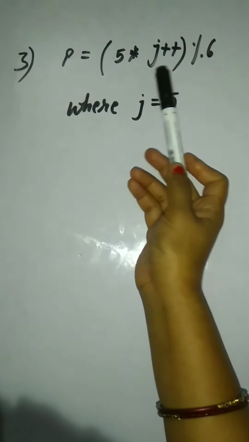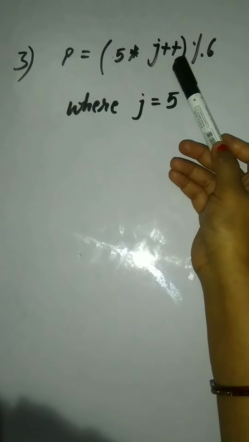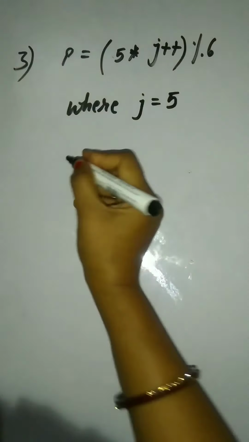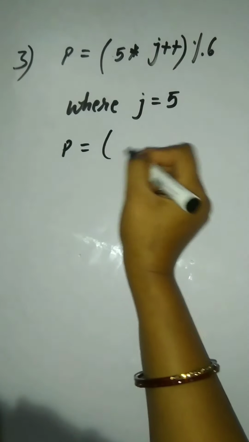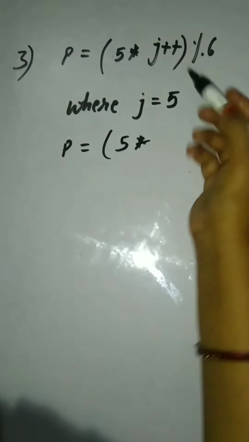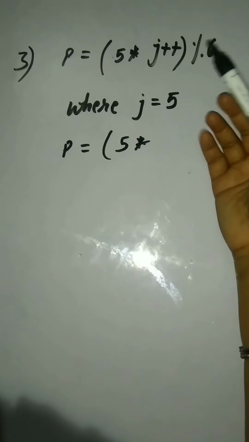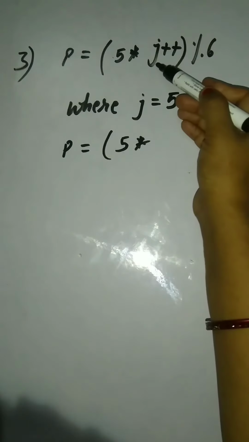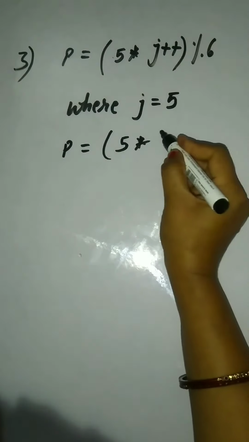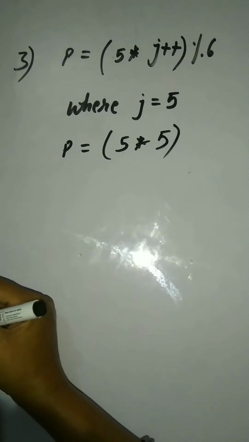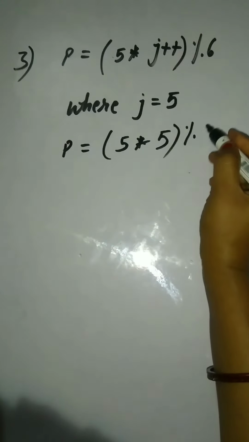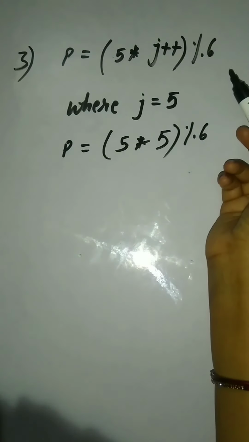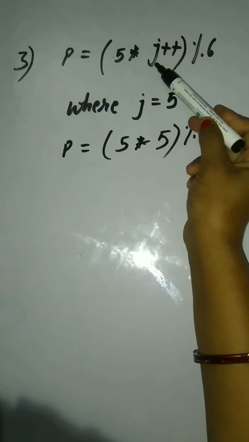See one more example. P is equal to 5 into j post-increment mod 6, where j is equal to 5. So what will be the p value? Post-increment means first of all we use, then we change. So here the j value is given as 5. Then mod 6. If we use the j value again, then we would see the increased value, but here we are not using j again.